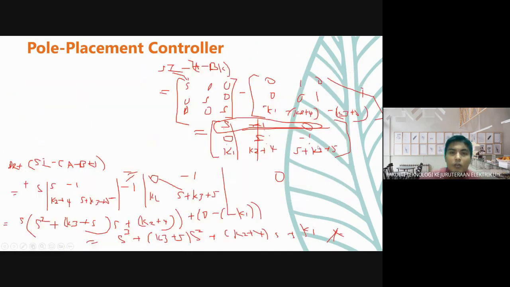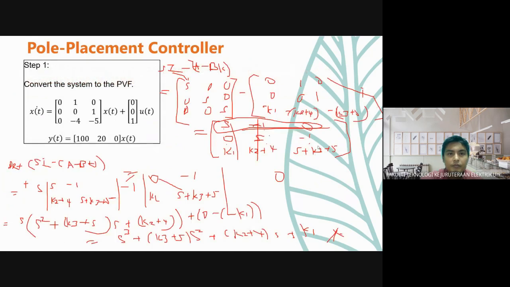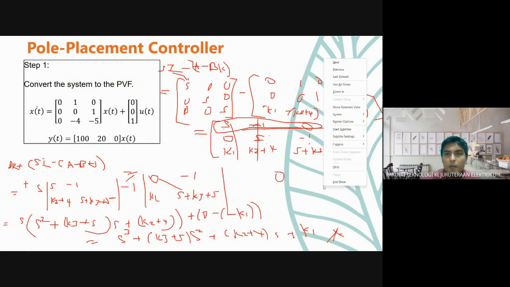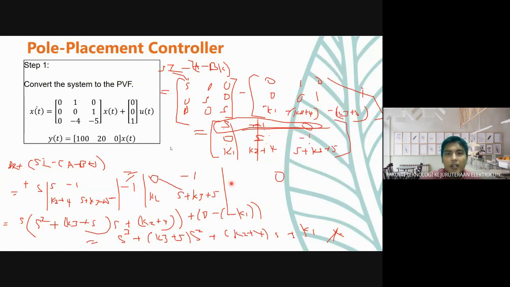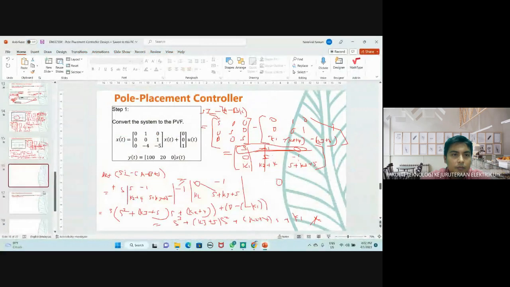So we just go to the question again. All right. So this is step number one, and this is step number two. So we go to step number three. To duplicate this one. Okay. Just open it.